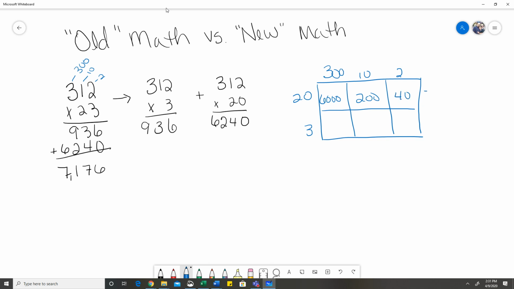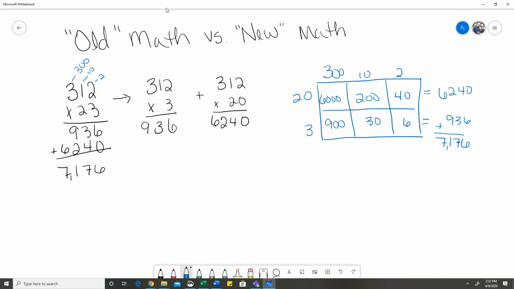If I look at this row, this is still 6,240, just like we had over here. When I multiply the 3, it's 900, 30, and 6. Okay? And if I put that together, it's still 936, like we had over here. And then it's just adding these together. So we still get 7,176 as our answer.